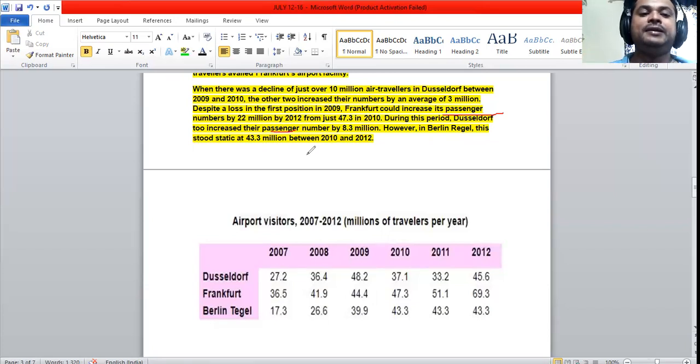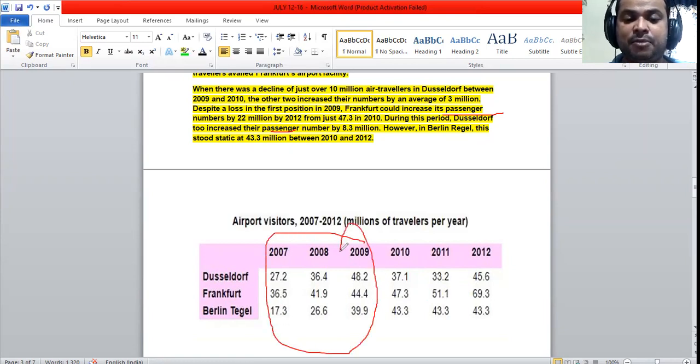It's well explained. So we divided into segments like this. Segment number one and segment number two combined with segment number three.